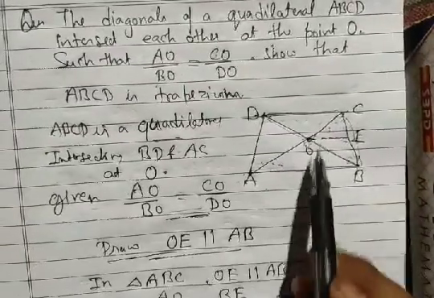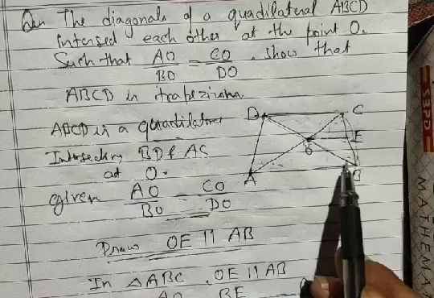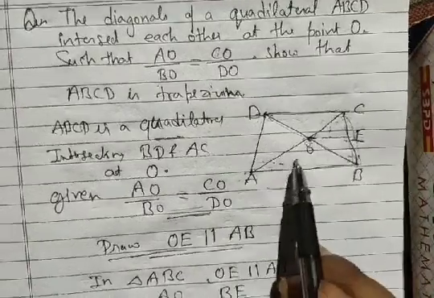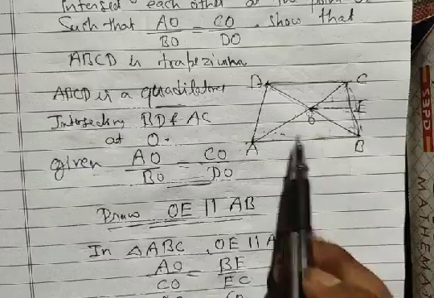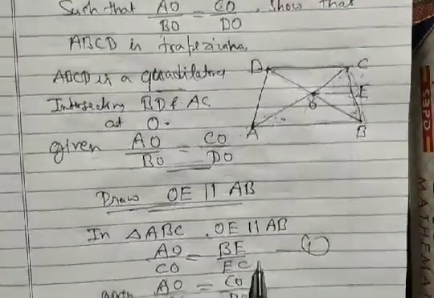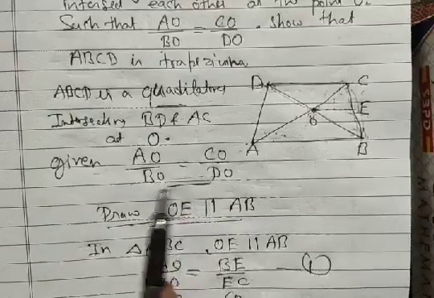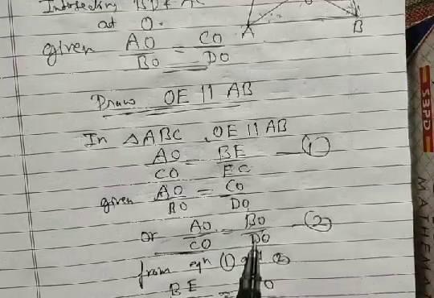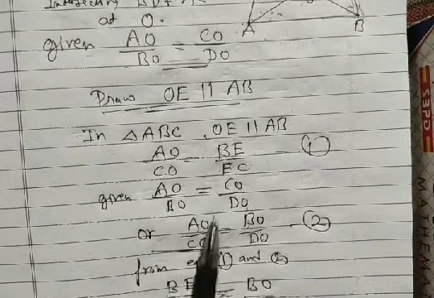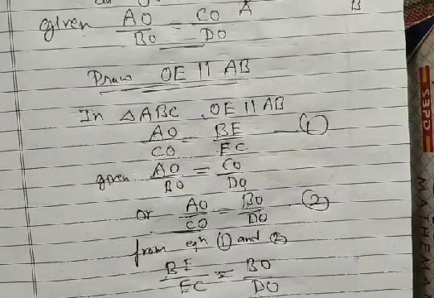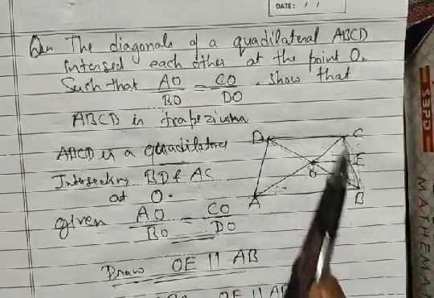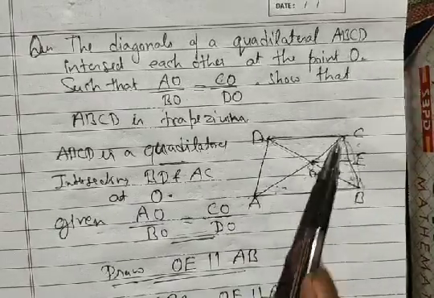Then we use our construction: we draw OE parallel to AB. In triangle ABC, by the basic proportional theorem, AO is to CO equals BE is to EC. But we are given AO to CO equal to BO to DO. Using equations 1 and 2, we get BE is to EC equal to BO is to DO, and BE is to EC, BO is to DO is part of triangle BCD.